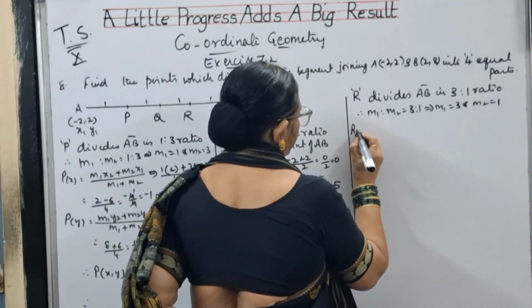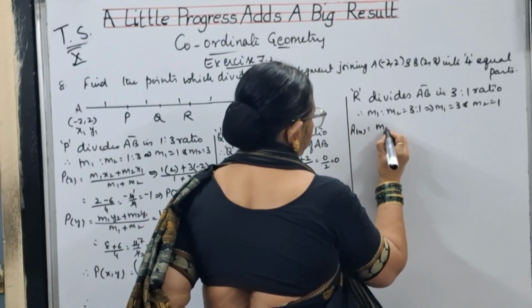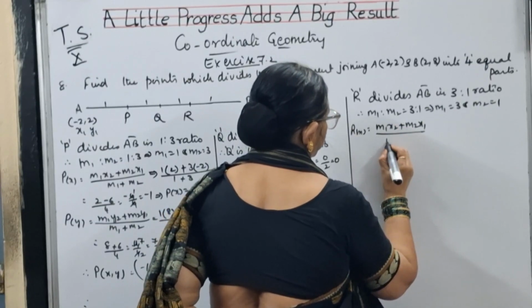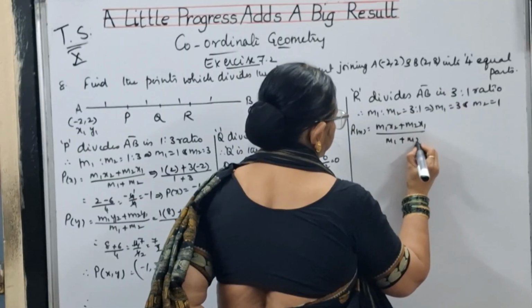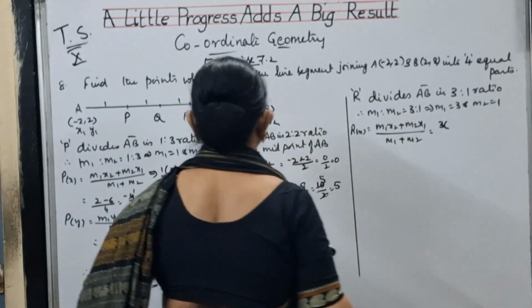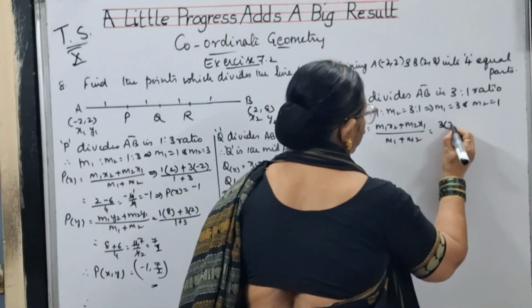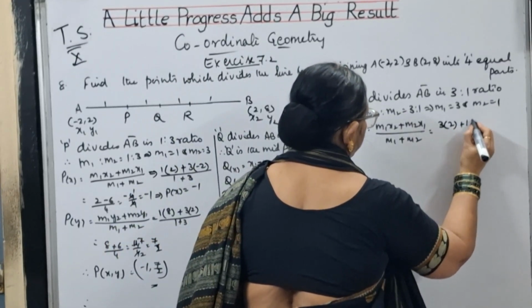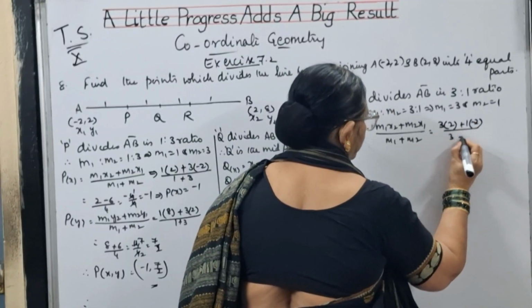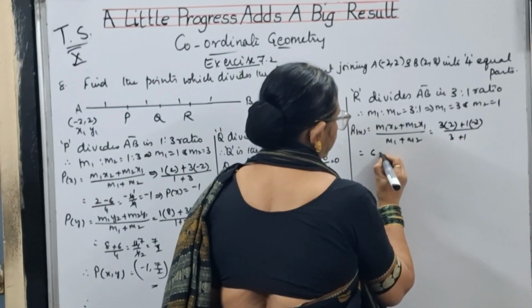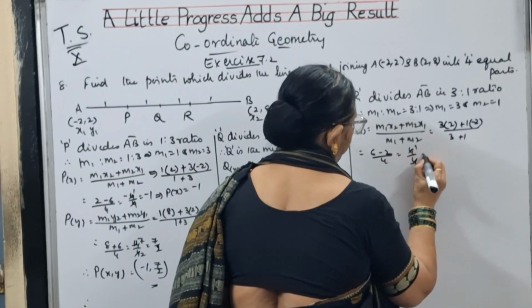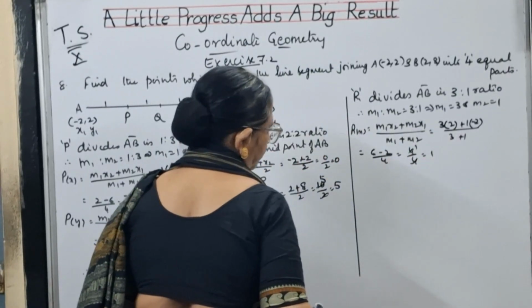Now, R of x, (m1 x2 plus m2 x1) by (m1 plus m2), that is equal to m1 is 3 into x2, x2 is 2, plus m2, 1 into x1, minus 2, by 3 plus 1. (6 minus 2) by 4, 4 by 4, that is equal to 1.